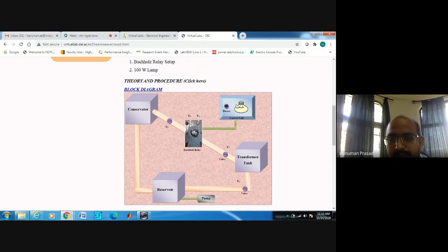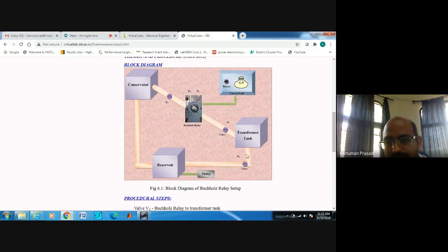The control unit consists of a 100-watt lamp and buzzers. Valve V1 is connected to the transformer tank, and valve V3 is connected from the transformer tank to the reservoir, and the reservoir is connected to the conservator. This pump provides the pressure to the transformer tank oil.